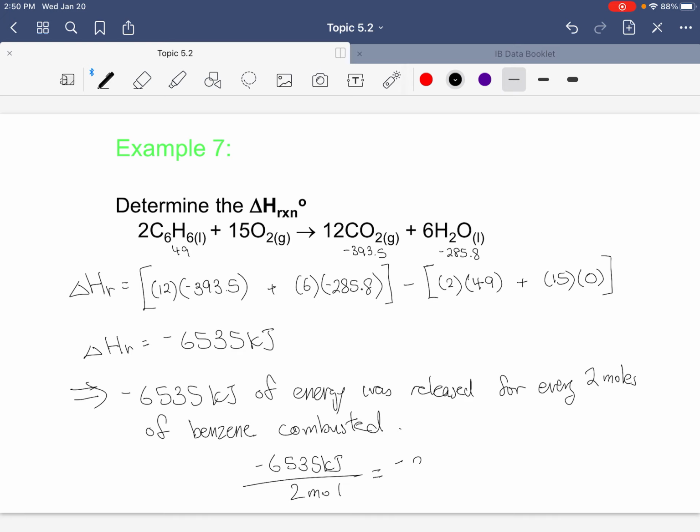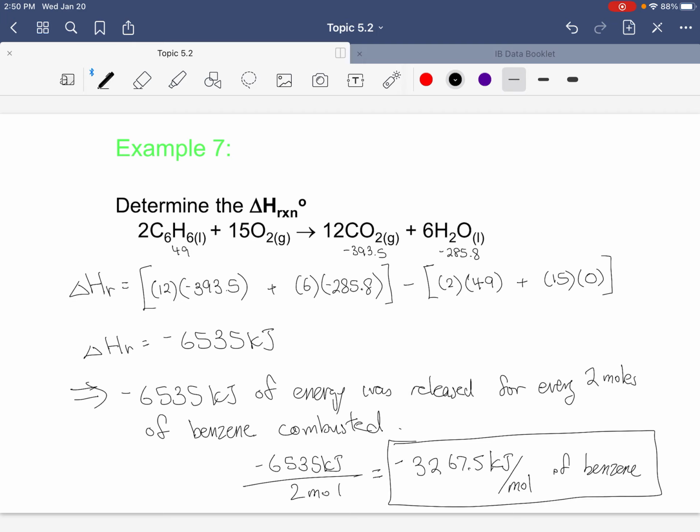That will be negative 3,267.5 kilojoules per mole of benzene. Hopefully you're comfortable with the language and the math. Don't just know the math without really understanding exactly what's going on.